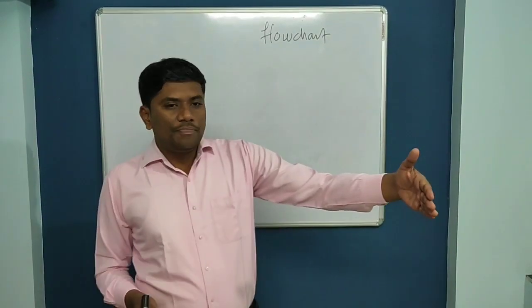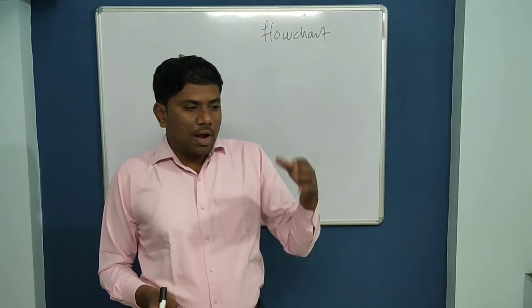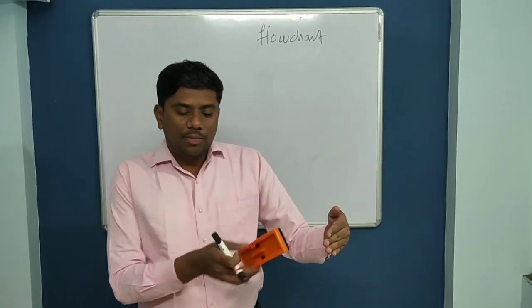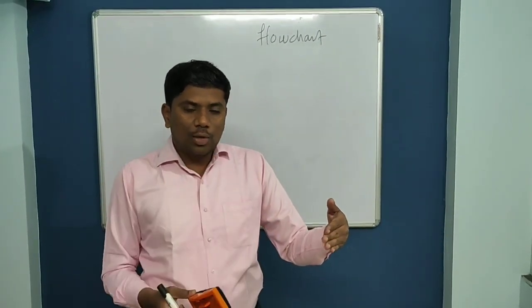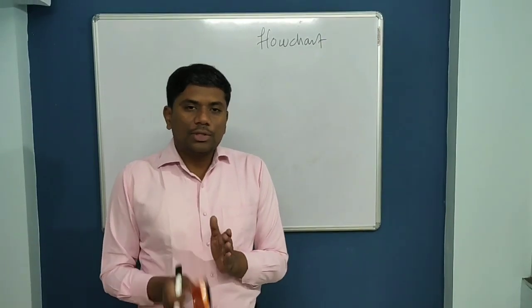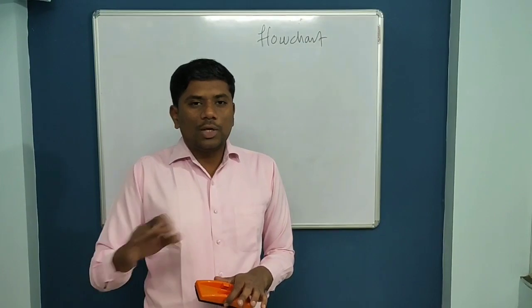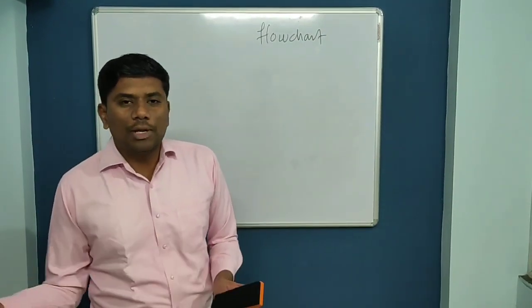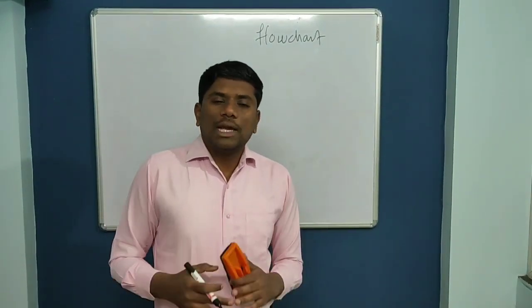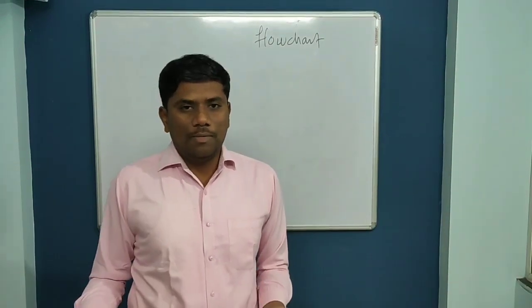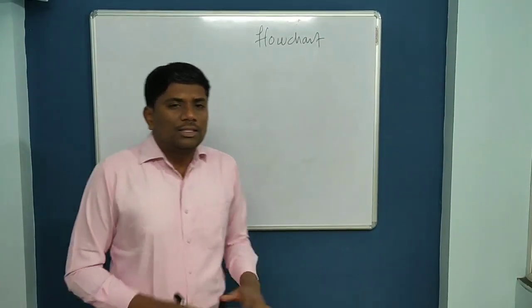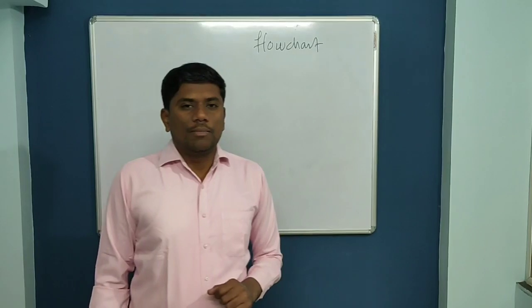So the first step is to take the problem statement, understand it, then based on that understanding write the algorithm and give that algorithm to the programmer so that the programmer can convert it to a program using some programming language. That programming language can be C, C++, Java, C#. But this is a very simple example of an algorithm.